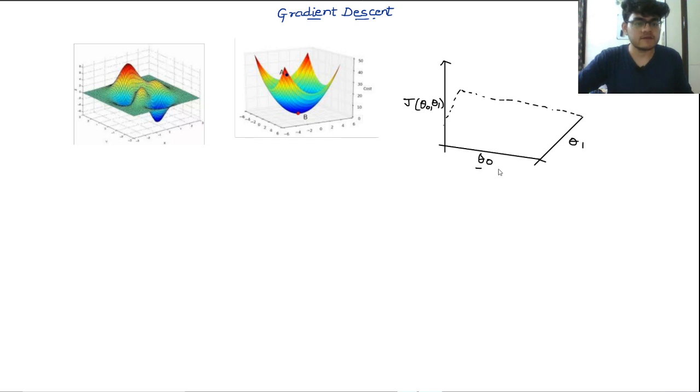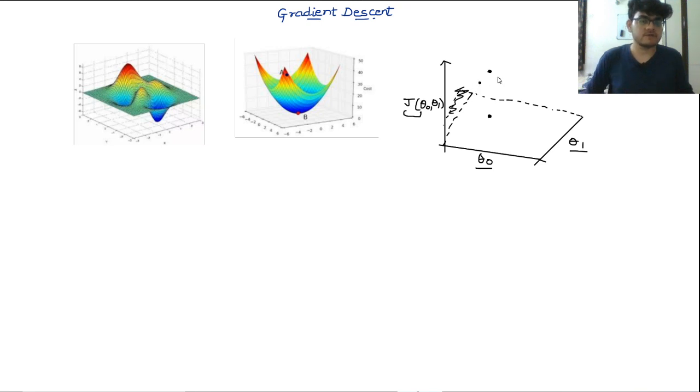So for every pair of theta 0 and theta 1, we have the formula to calculate J(theta 0, theta 1). Let's suppose we take any point on this plane, theta 0 and theta 1. Then on this axis, you will have to consider that it is actually coming out of this plane. We will have some value of J(theta), and for all of these values, we will try to plot all the points.